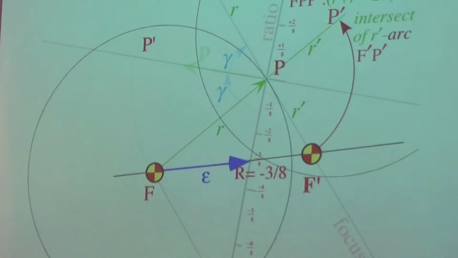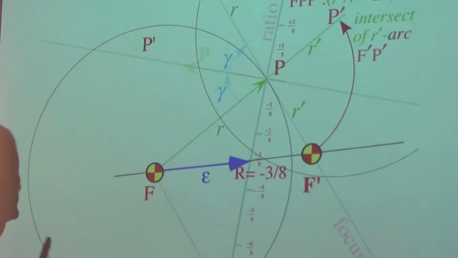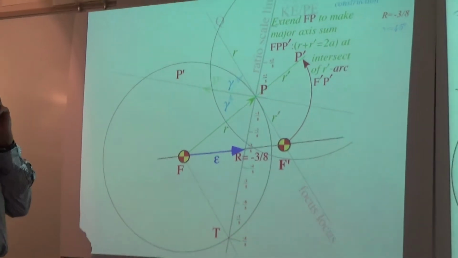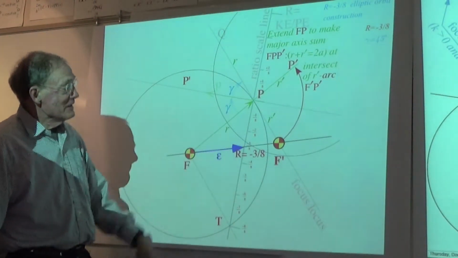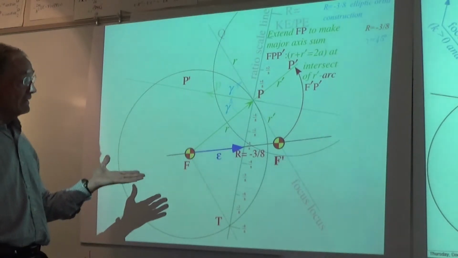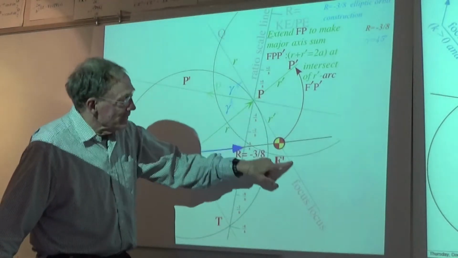Okay, now I'm going to go through these constructions fairly quickly that I'm showing you here. Here's a construction with a -3/8 ratio. Ellipse, obviously. We're in the elliptical region for the focal point.